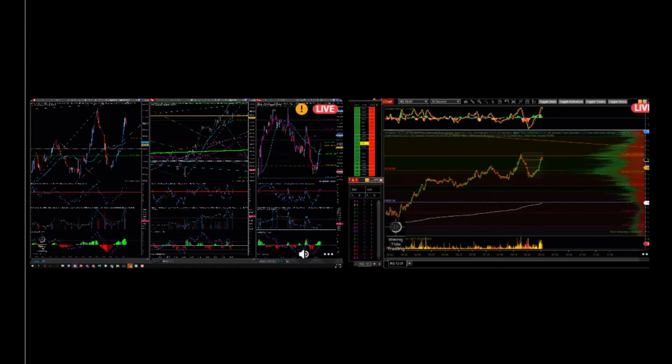Double top on the 61% here. Let's see if this is forming a triangle here.